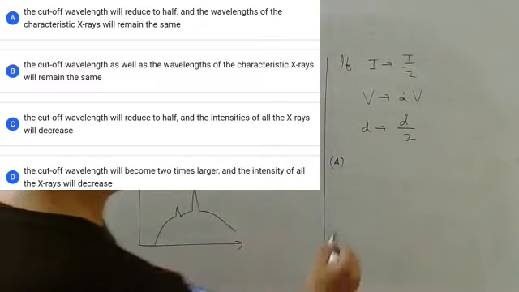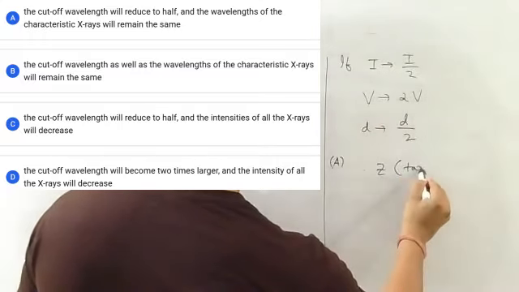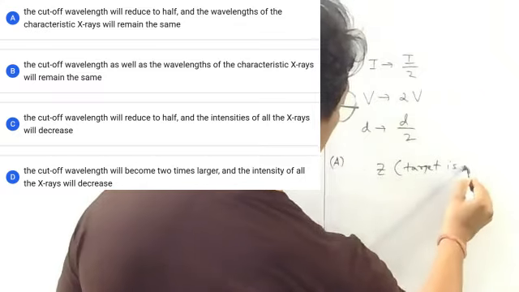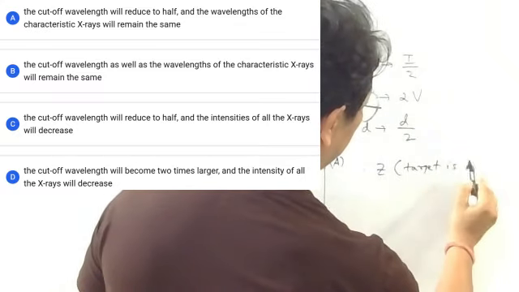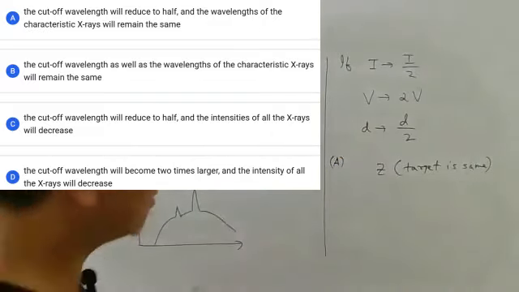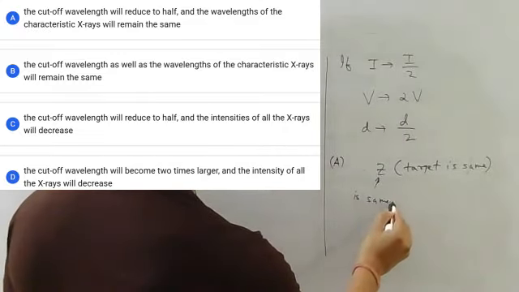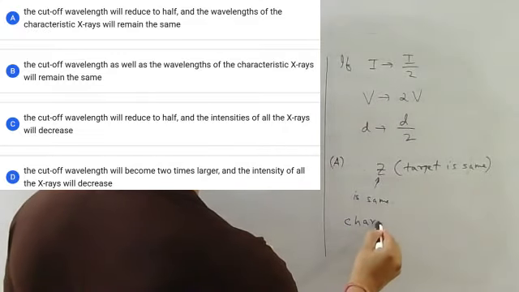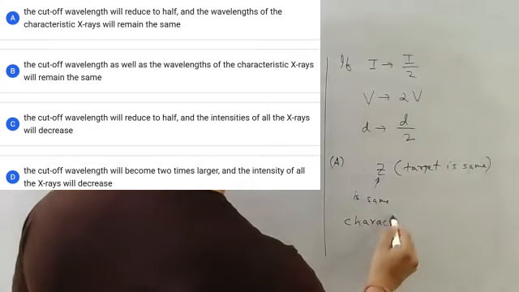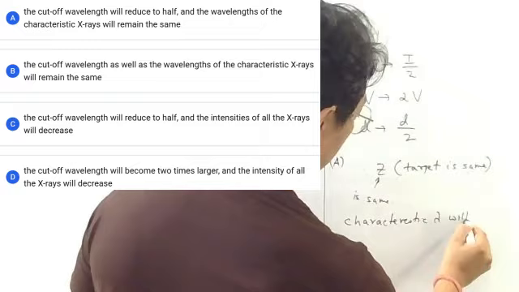Now first you tell me, since Z did not change, target is same only. Target is same, matlab atomic number is same, Z is same. So if target is same, characteristic wavelength will not change.